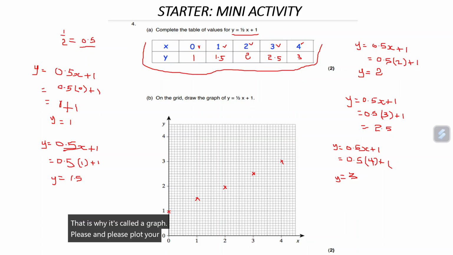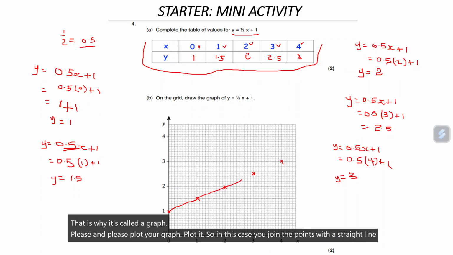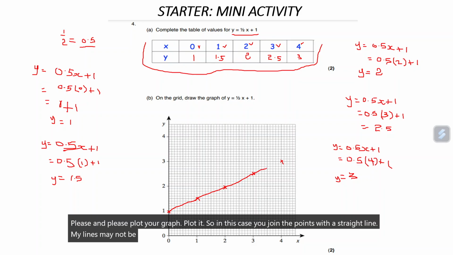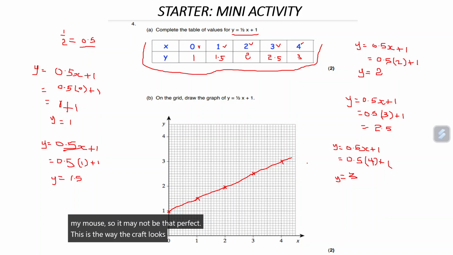In this case, you join the points with a straight line. My lines may not be perfectly straight because I'm using my pen hand with my mouse, so it may not be perfect. This is the way the graph looks.